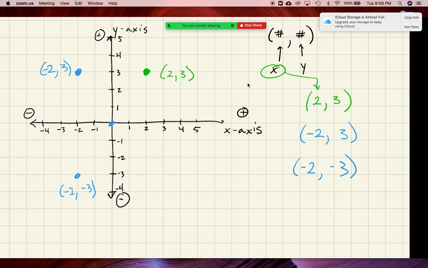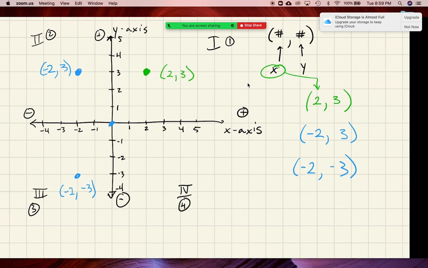one other thing is that this is called the first quadrant. They use Roman numerals. So up here is the first quadrant. Here is the second quadrant. This would be the third quadrant, and then the fourth quadrant. So just 1, 2, 3, 4.